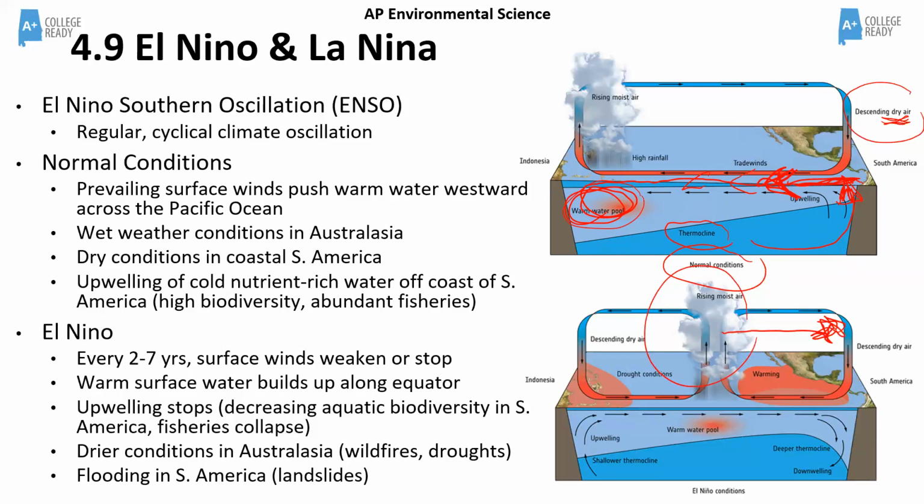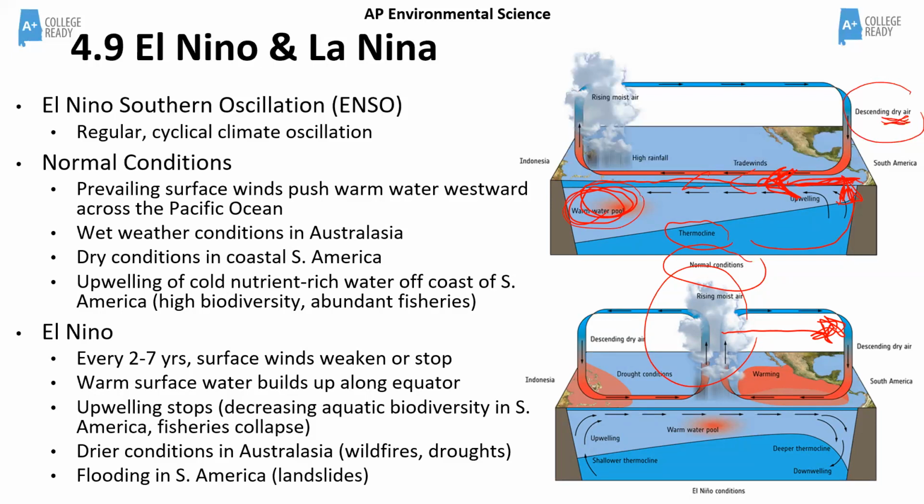And so you get incredible catastrophic flooding and rainfall and things happening over the coasts of Central and South America. So you get a climatic change during an El Nino. It gets wetter over there. Notice though, as it gets wetter over in the Americas, it's getting correspondingly drier over in Indonesia and Australasia.